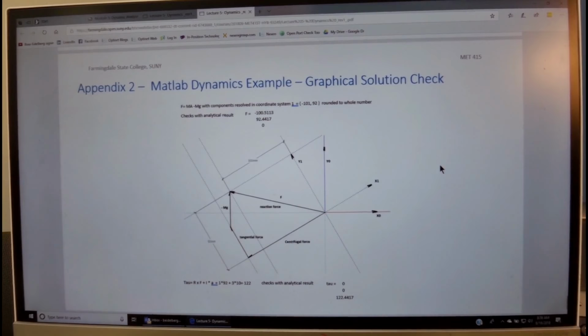And then we can also use a graphical solution method, which is also described in some online tutorials for the problem, and then compare it to the analytical solution.